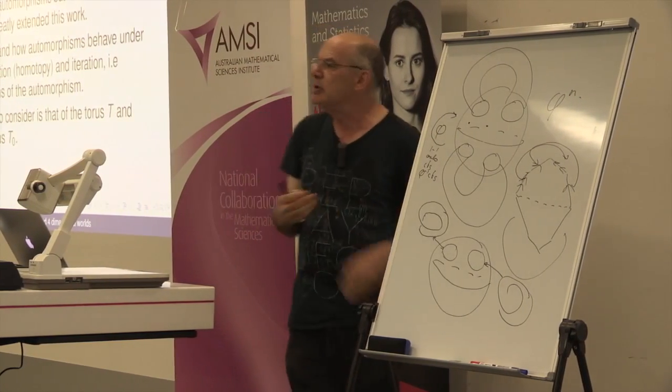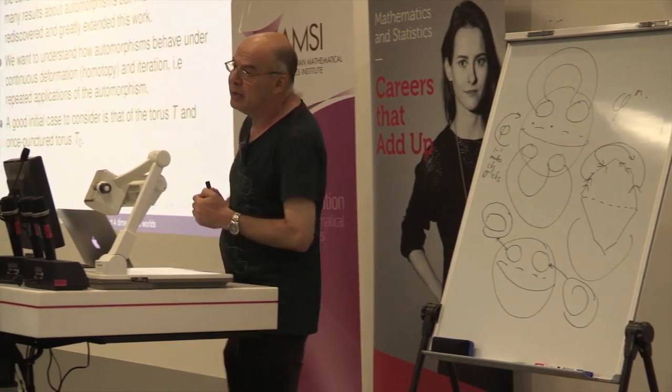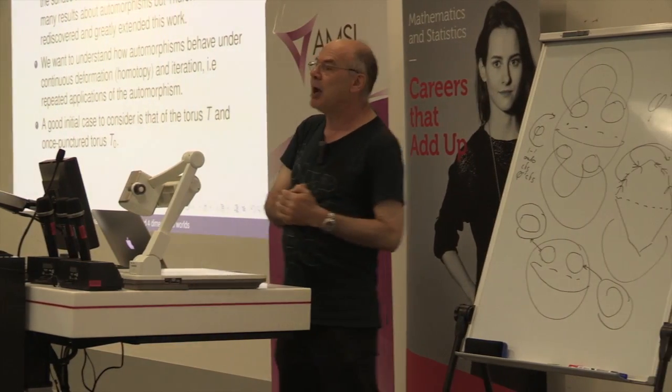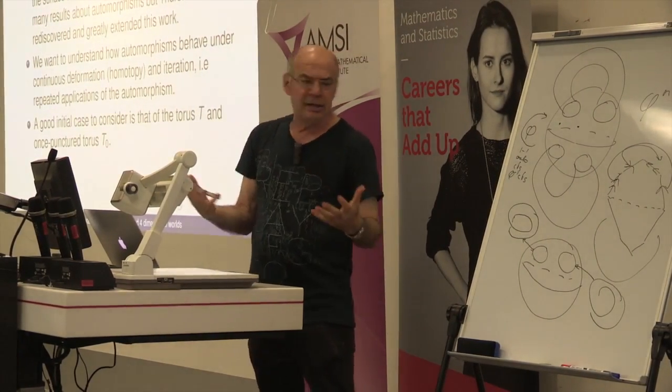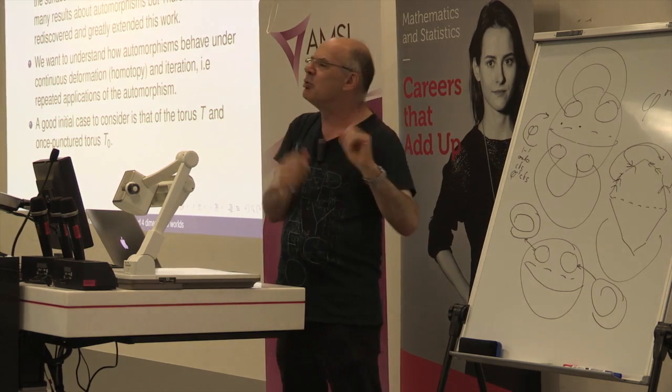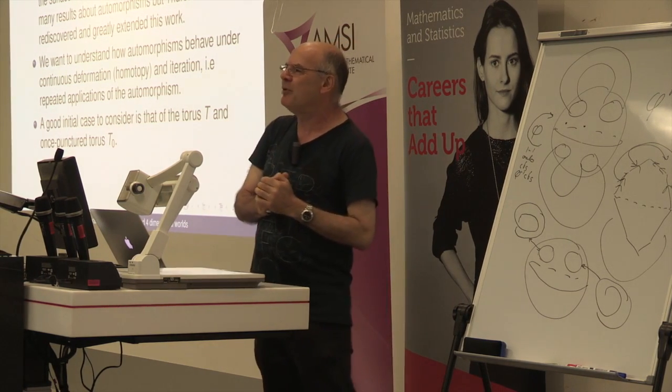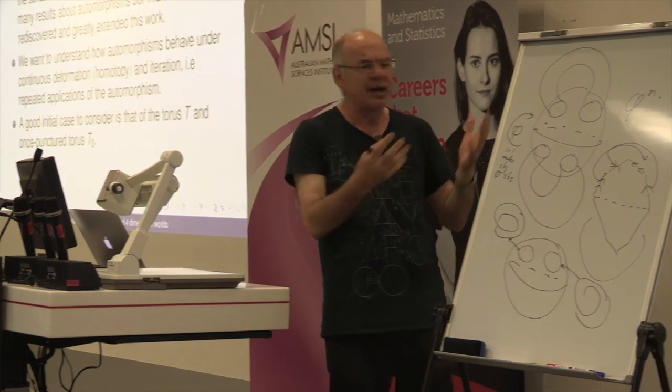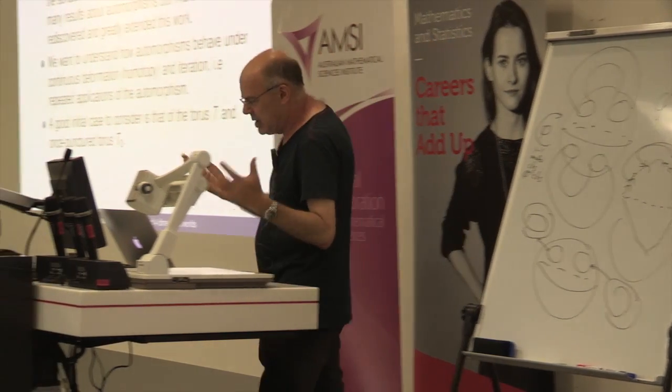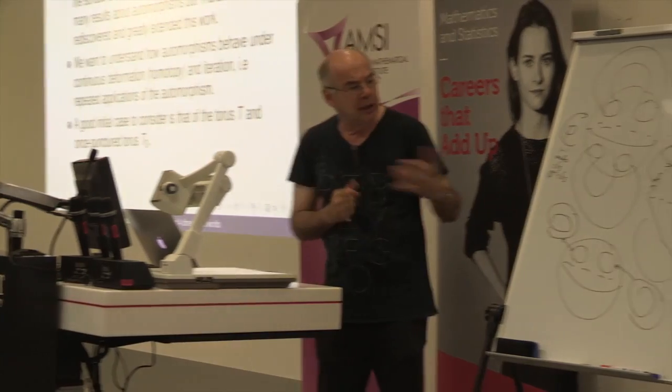This is an example of a discrete dynamical system. So there are lots of interesting applications of this idea. We'll see very briefly a very beautiful example of Thurston, just to illustrate how interesting this is. Okay, but that's what we'd like to know.